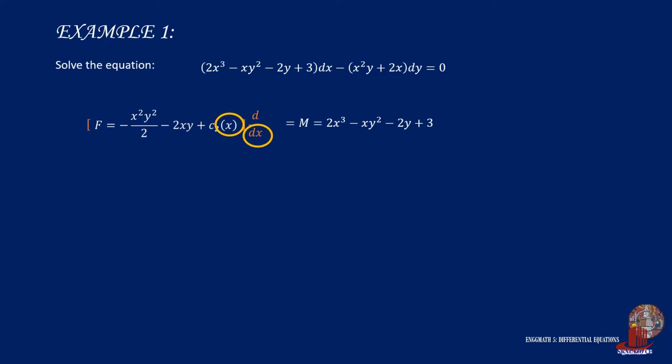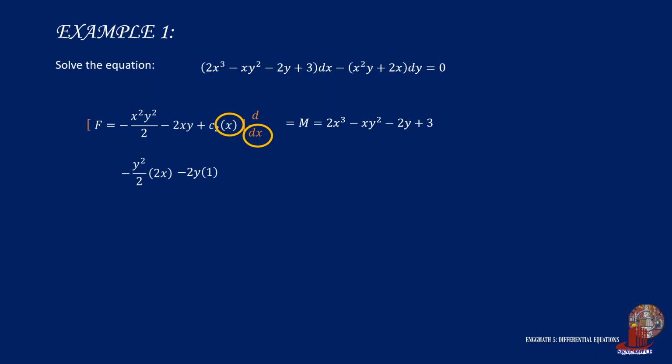In case you also remember, we integrated with respect to dy, so the next step is to differentiate it with x. And since we are differentiating the function with x, the variable y will be constant, so negative x squared y squared all over 2 will be differentiated as negative y squared over 2, the constant, multiplied by the derivative of x squared, which is 2x.